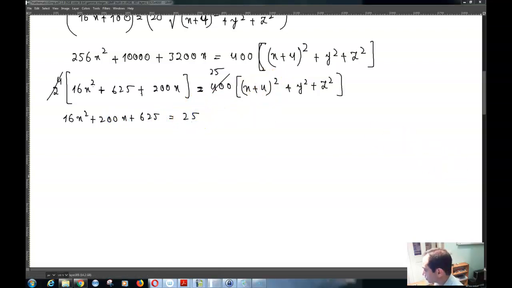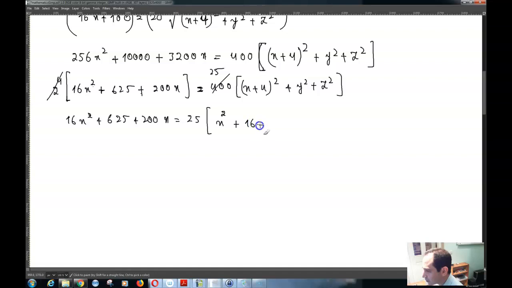Well, I don't really have to write this really. So what I can do now is I can write 16x squared plus 625 plus 200x is equal to 25 times, but this is x squared plus 16 plus 8x plus y squared plus z squared.